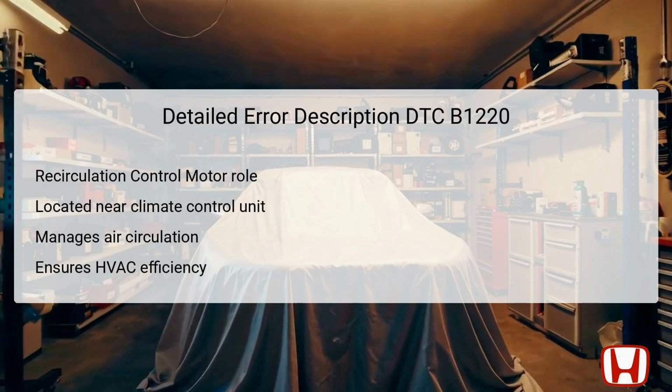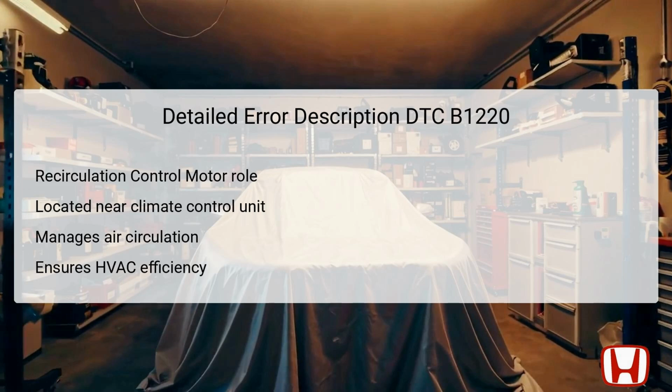The Recirculation Control Motor plays a pivotal role in managing the airflow inside the Honda Civic's cabin. It's located close to the climate control unit, which houses the controls for heating and cooling. The motor facilitates the movement of air between the outside and inside of the vehicle. When activated, it determines whether outside air will enter the cabin or if the interior air will be recirculated.